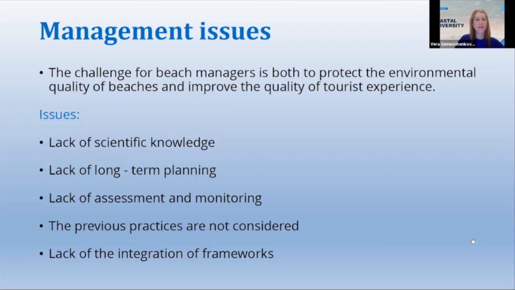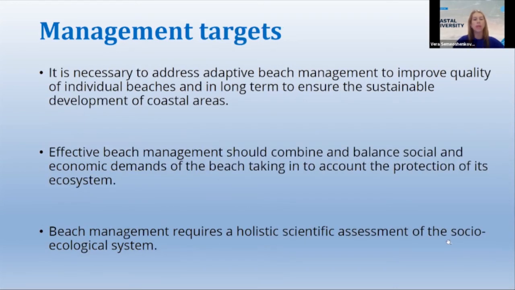Next case study would be Italy. For that, we have prepared a beach quality index, and we have selected a total of 2 groups of parameters with 4 indicators in each one of the groups.